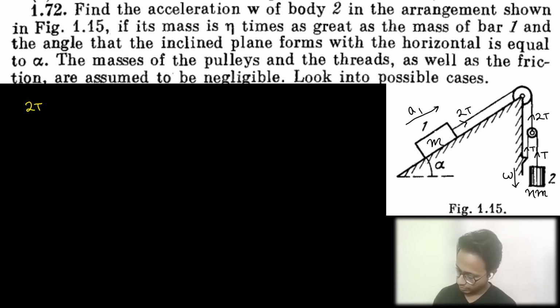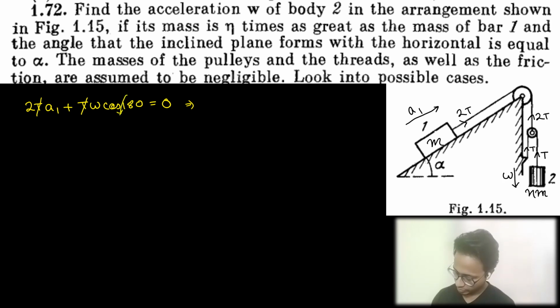So how do I draw the relation? 2T into A1 plus T into omega cos 180, because T and omega are in opposite directions, is equal to 0. Here, T and T would get cancelled.